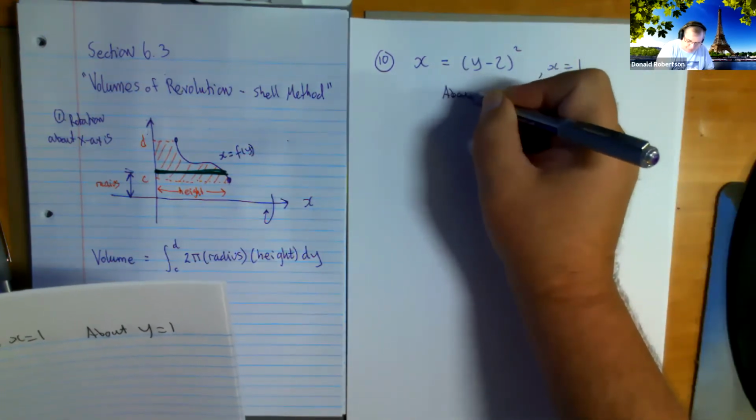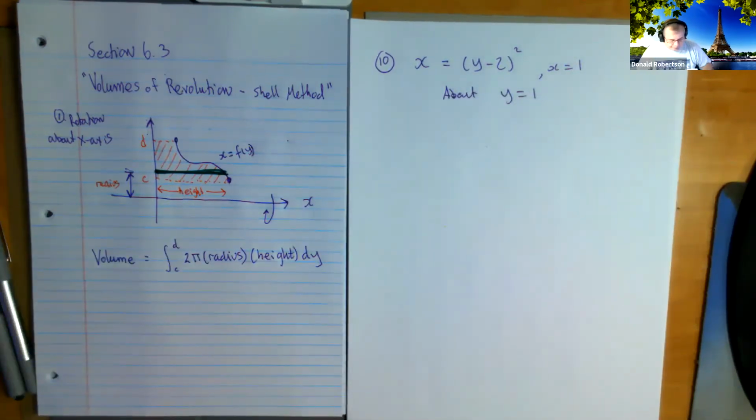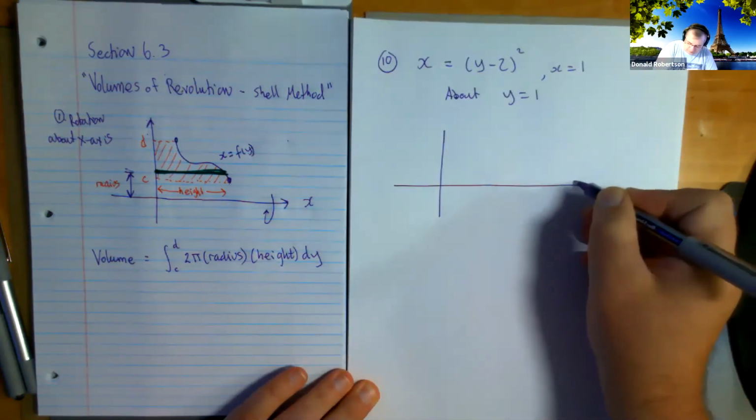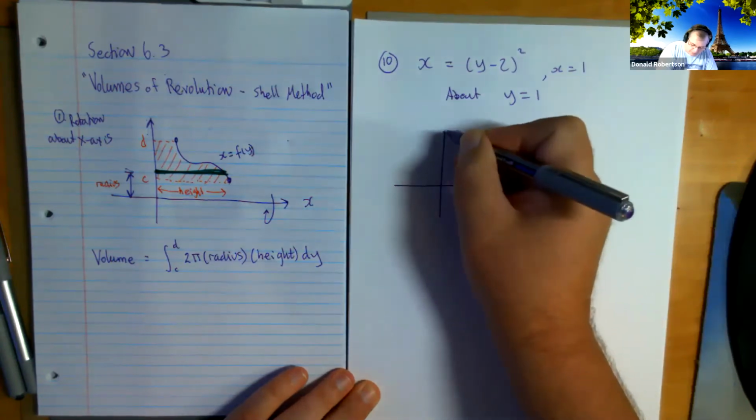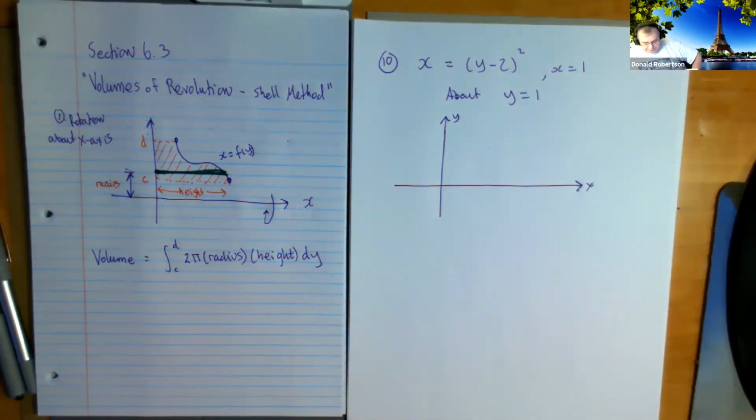And we're now going to do it about the line y equals 1. That doesn't look right. You check.